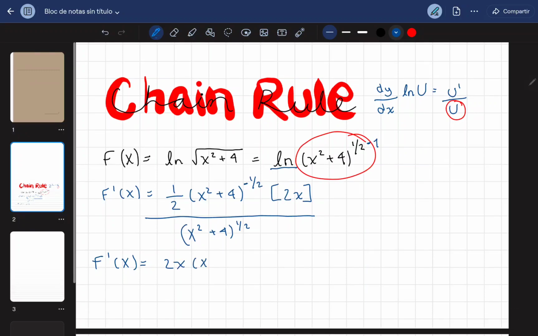It looks like this, and this is divided by 2, and this is divided by x squared plus 4 to 1/2. Now we have a negative power in here, so it goes down.